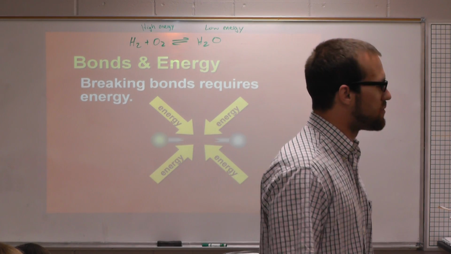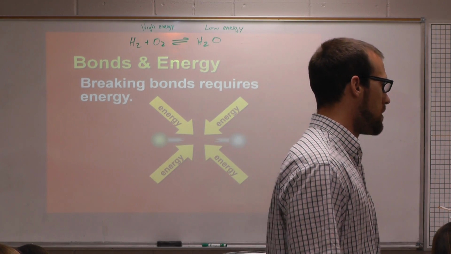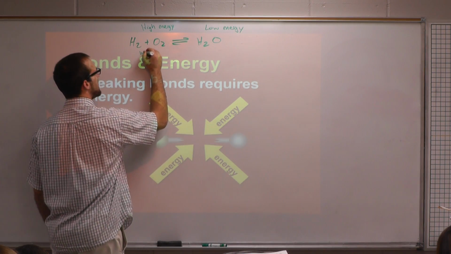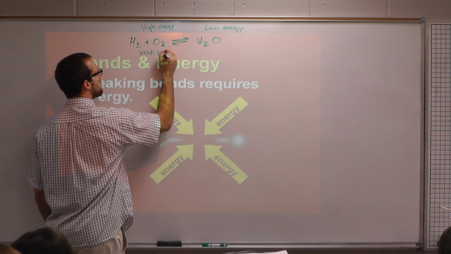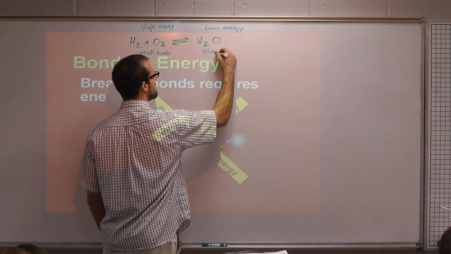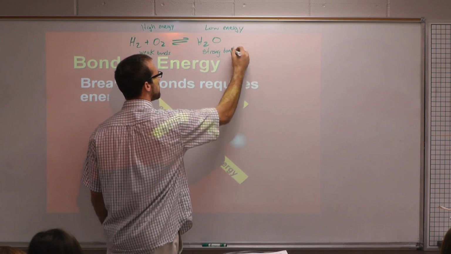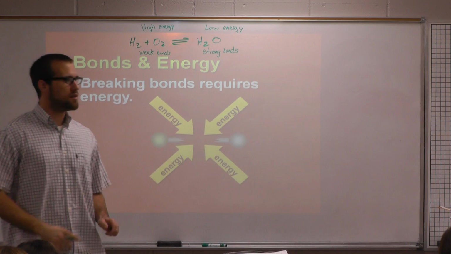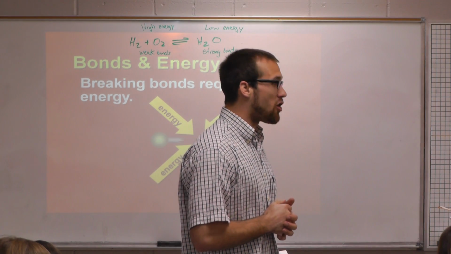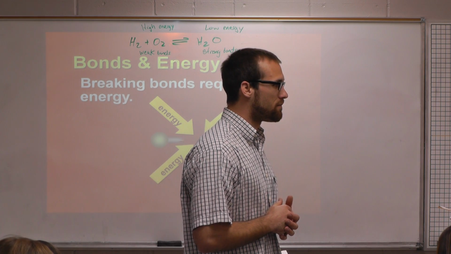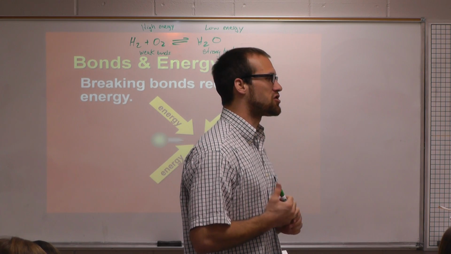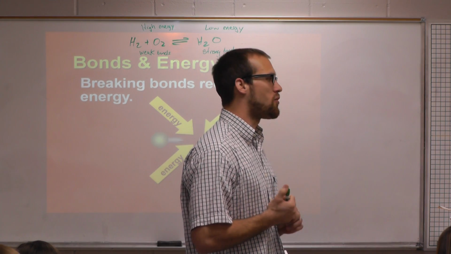Forming bonds, we said, releases energy. Okay. So what we're doing here, these are high energy weak bonds. And these are low energy strong bonds. Okay? So if you look at this, the ones that have high energy are weaker bonds and are easy to break. Okay? The ones that have low energy are stronger bonds and require more energy to break.